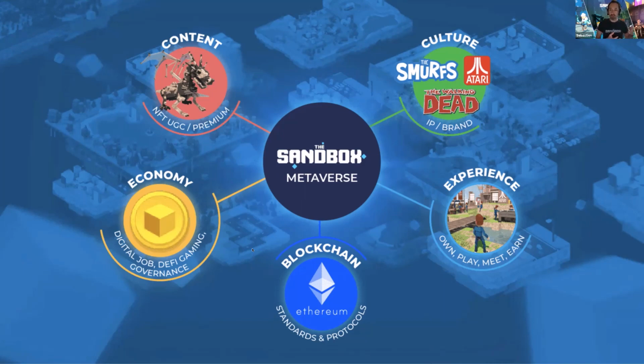So culture, bringing the brands and IPs from the physical world that you're already familiar with and giving them an online presence where, for the first time, you'll be able to own the content as NFTs and use this content to create your own stories, your own adventures and experiences as well. That's something we've been doing with various brands, including the Smurfs, Atari, Care Bears, Roller Coaster Tycoon, Shaun the Sheep, and we're about to announce a few more.